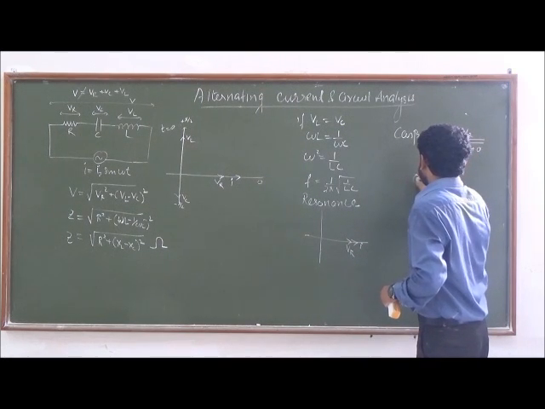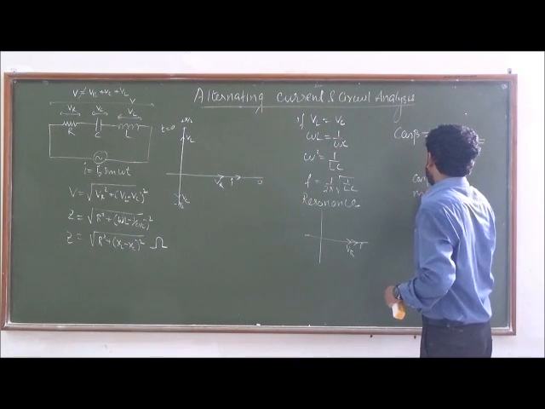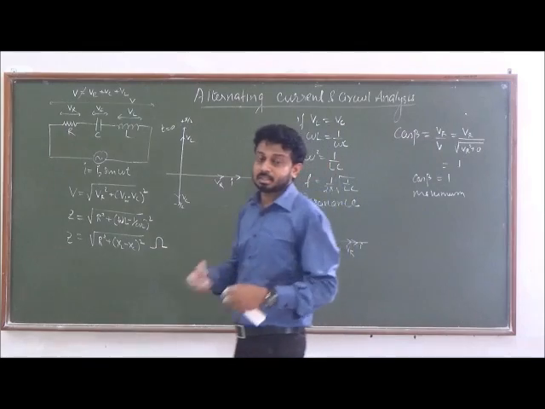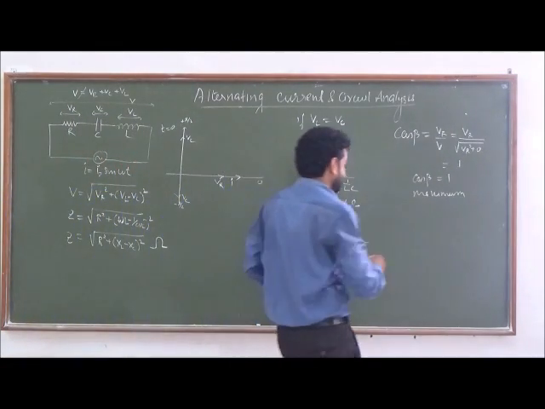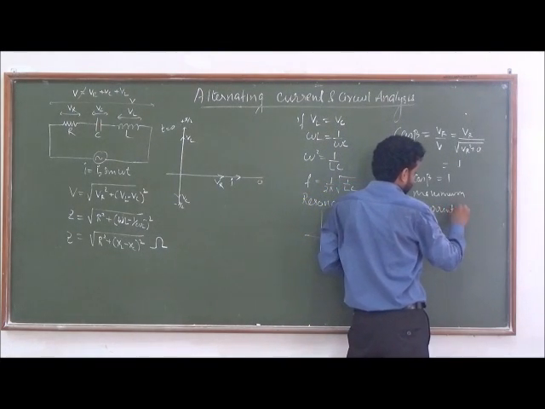That is, the cos beta has attained a maximum value. That means the power factor in the circuit has become maximum. That is, the current in the circuit is maximum.